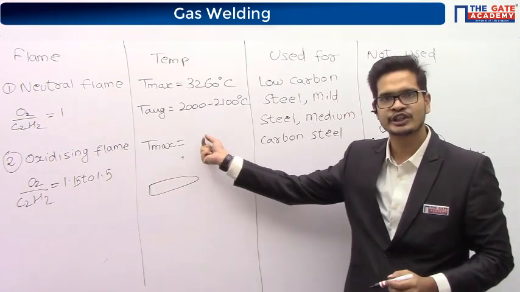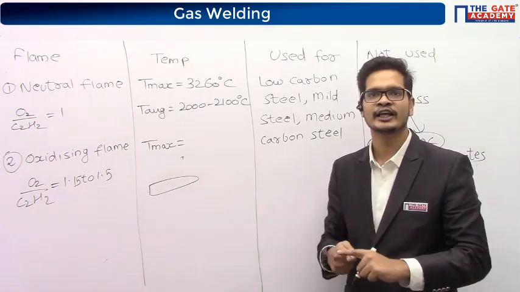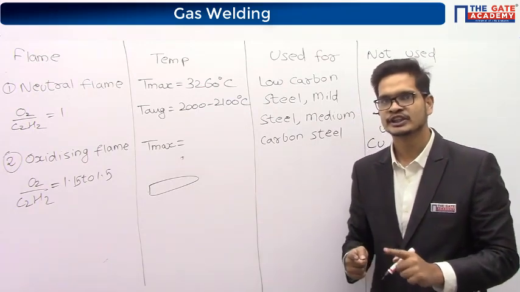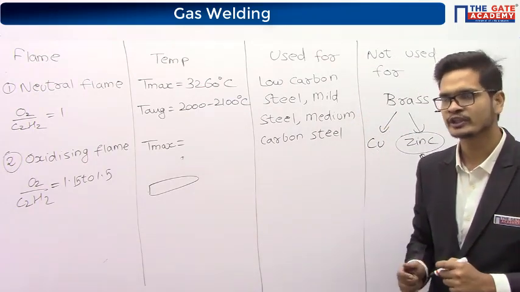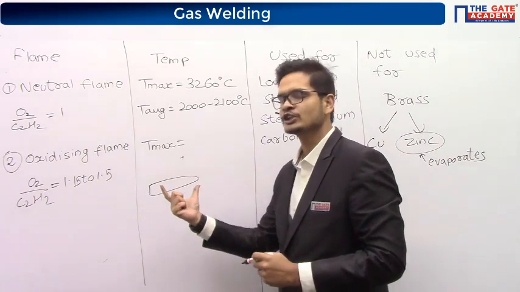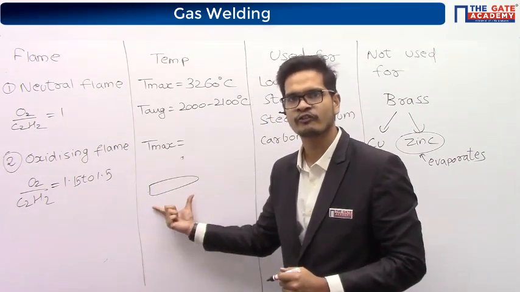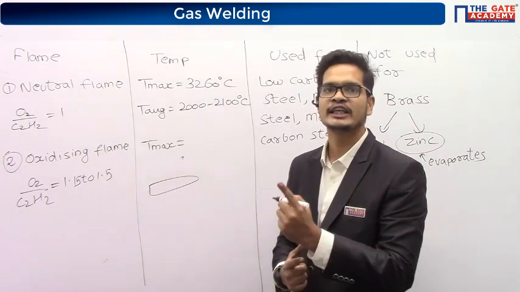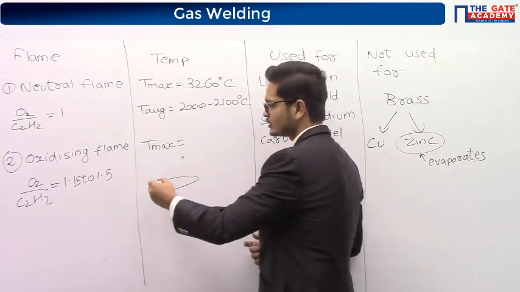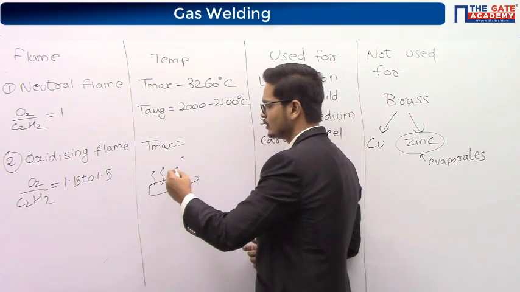Since the oxygen is readily available, it will have to take less oxygen from the atmosphere. Since it is taking less oxygen from the atmosphere, the acetylene will have to travel a shorter distance, so the length of the flame will reduce. Since the length of the flame is reducing, the heat loss will reduce.